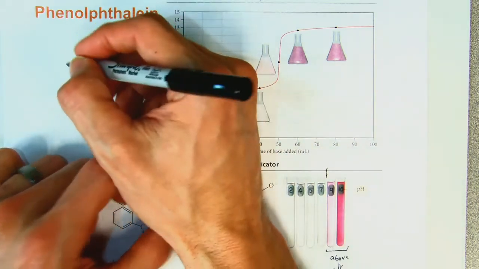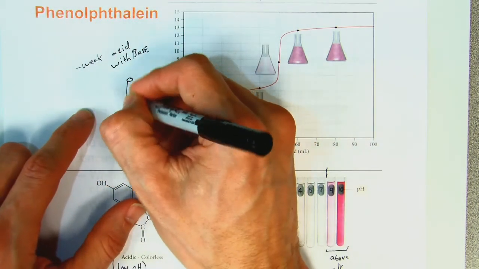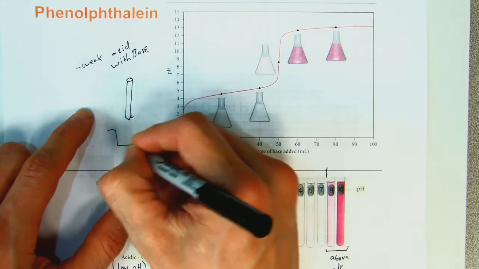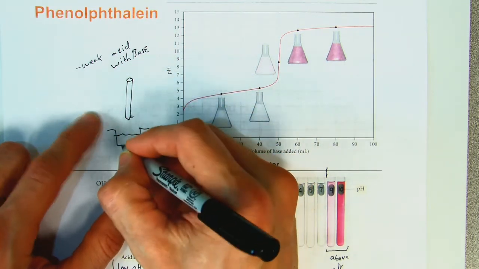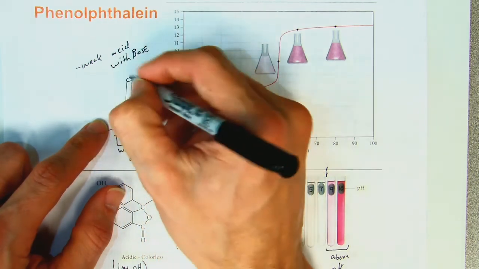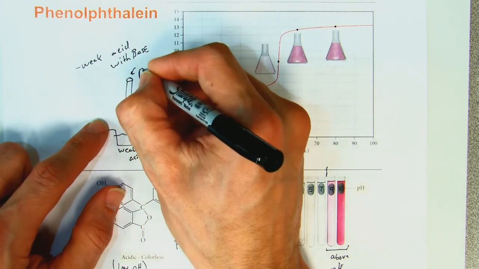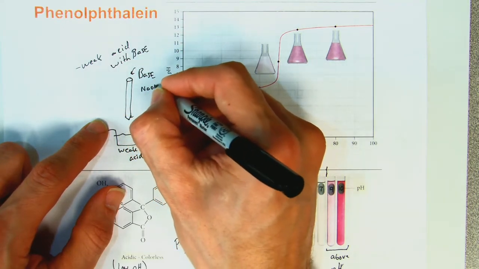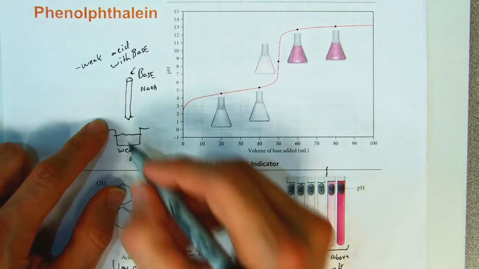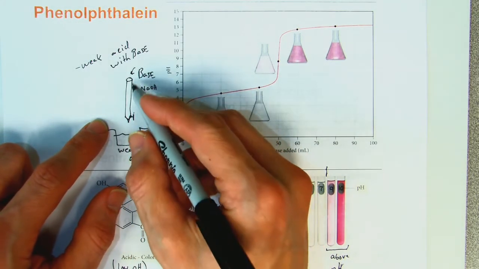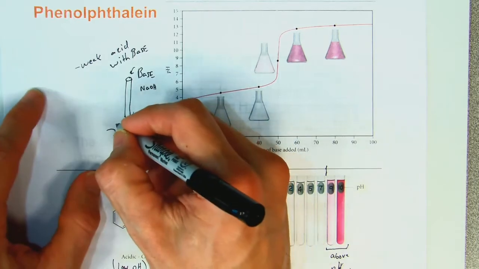In this experiment, if you're not familiar with it, we have a long glass tube, that's our burette. And then down here, we'd have our weak acid sample. And inside the burette, we'd put our strong base, which is probably going to be sodium hydroxide or maybe potassium hydroxide. And this long tube, our burette, basically can add this solution into this weak acid.